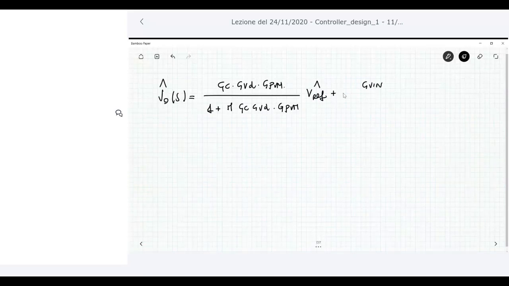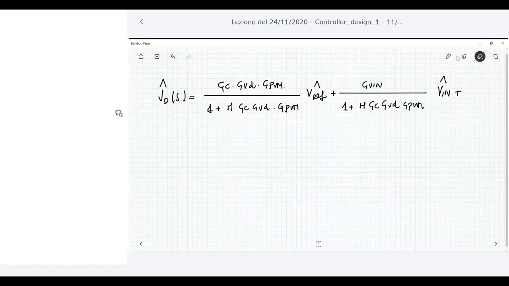The other quantities are much simpler because they only depend on the block GVin for Vin with the same denominator. And then, with a minus sign, you get zeta 0 over 1 plus H GC GVD GPWM, times Io.